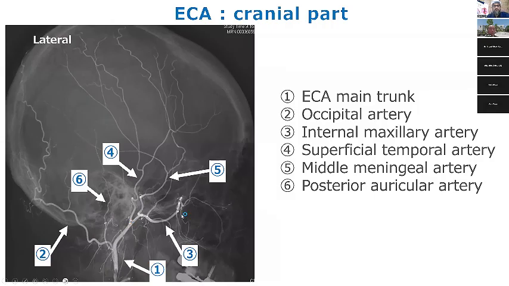One is number three, the internal maxillary artery, and the other is number four, the superficial temporal artery. These are the final branches of the ECA. From the internal maxillary artery, you can see the middle meningeal artery here. And you can see the posterior auricular artery here, which is supplying the skin posterior to the ear.